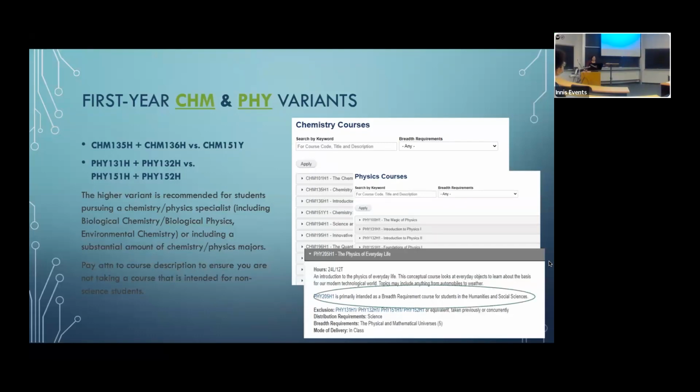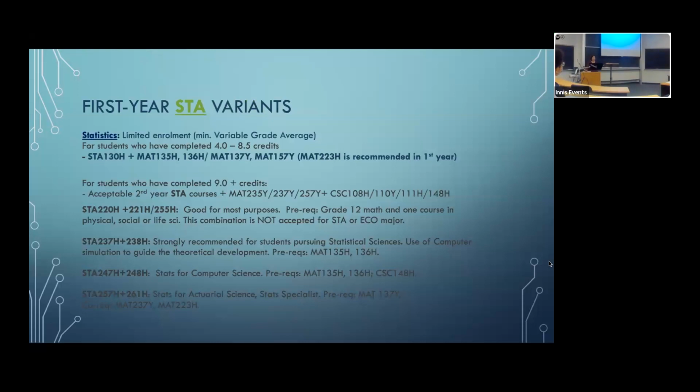Now statistics. Technically the main one is math, but there is a stat 130 that you can only take in your first year. Many students didn't realize they wanted to do stats, and if they didn't take 130, that's fine.